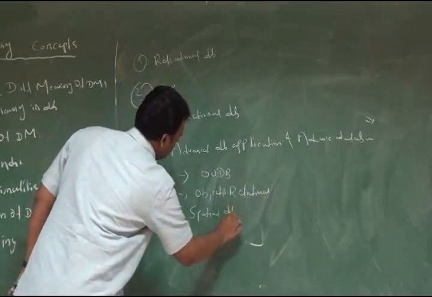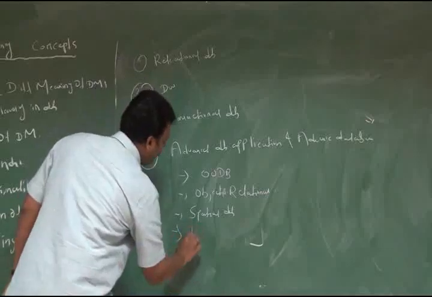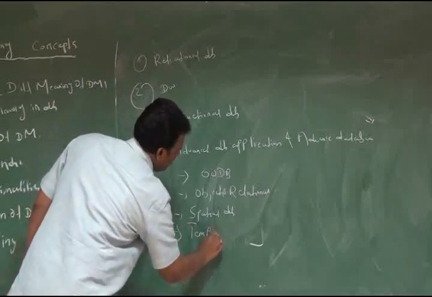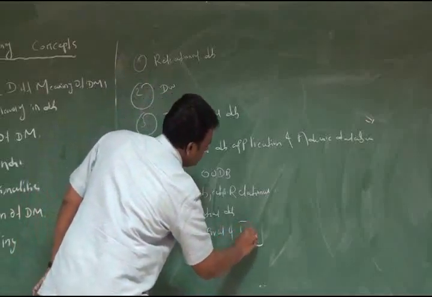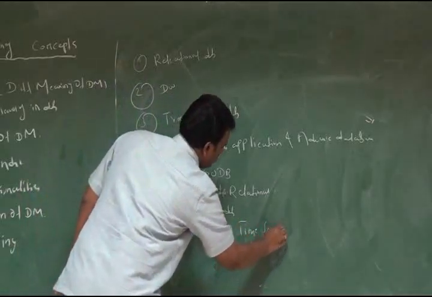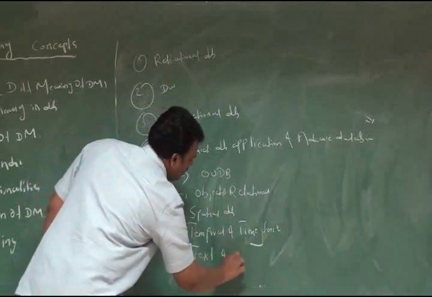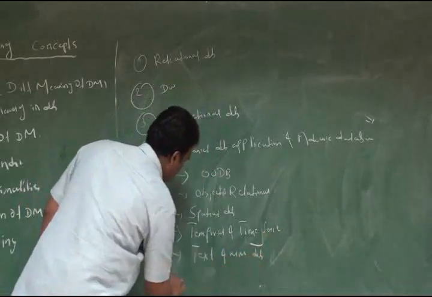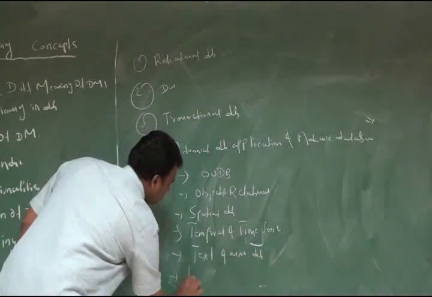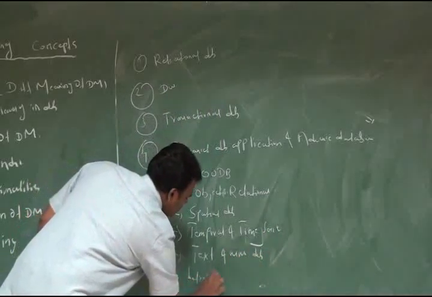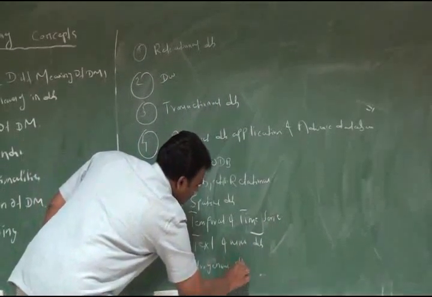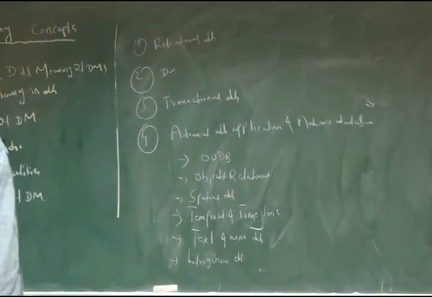Then the next one, temporal and time series databases. Then the text and multimedia databases. The next one, heterogeneous databases. These are the kinds of store.